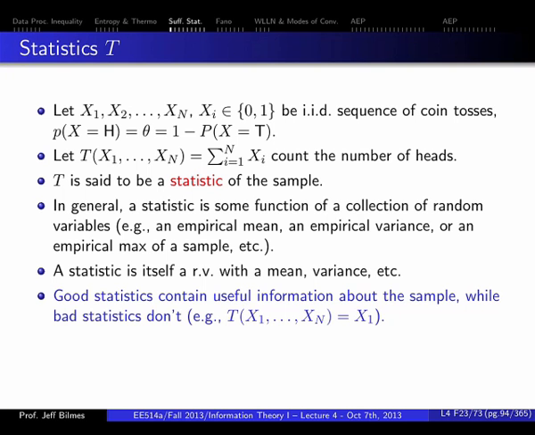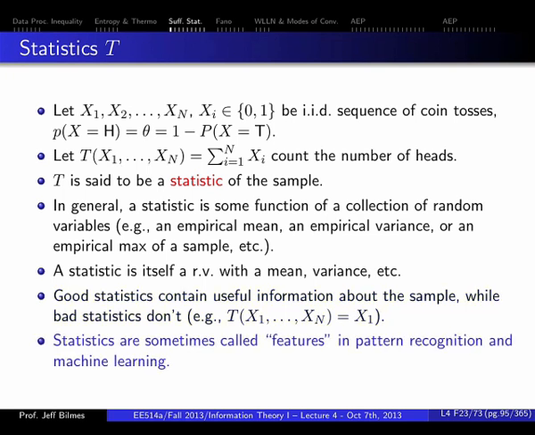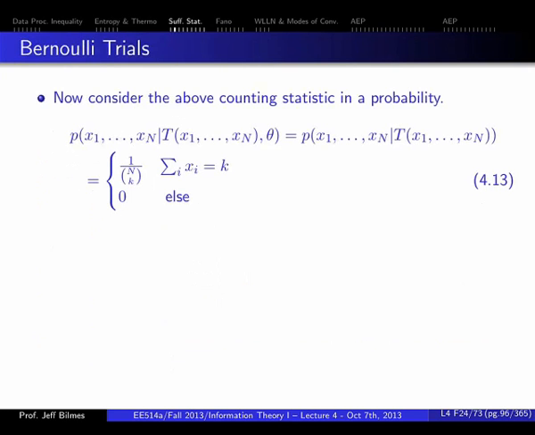So in general, you want statistics that use some information about the whole sample. Statistics are also used in pattern recognition and machine learning. Sometimes they're called features. You extract features from some data. Any sort of deterministic processing that takes a signal and constructs features, in an image or an audio signal or any kind of radar signal, can be thought of as a statistic.